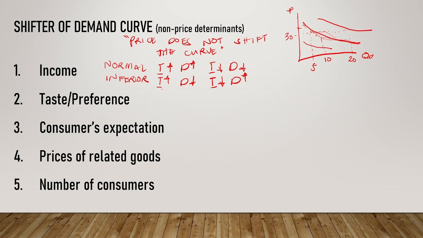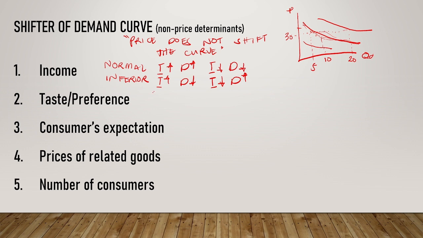For an inferior good, income goes up, demand goes down; income goes down, demand goes up. Please remember, this can help us identify what will happen to the supply and the demand curve.